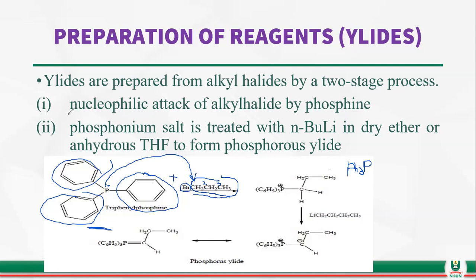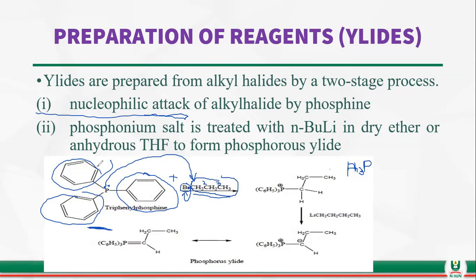That's why we say the first step in this synthesis mechanism is nucleophilic attack of the alkyl halide by the phosphine. Phosphine has a lone pair of electrons, which is rich and has the capacity to attack. So when that happens, it attacks this carbon, then the bond that is binding carbon and bromine together will break away on the bromine as a negative charge.